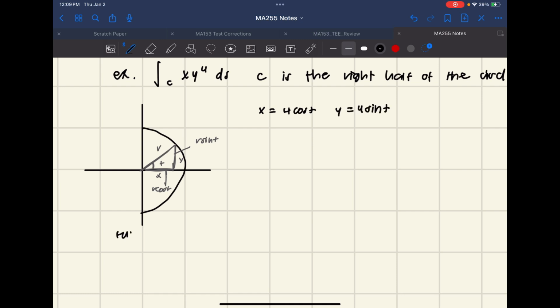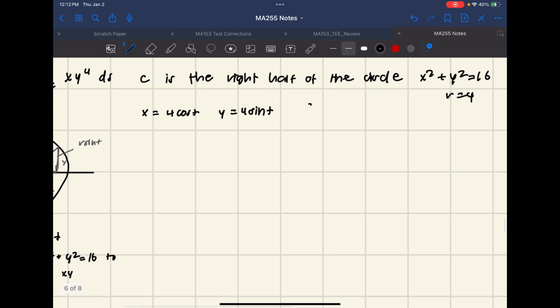We did that because you have to remember that it's a function of t, and so you use what is given to us to find x and y in terms of t. Just like before, we're going to find our derivatives.